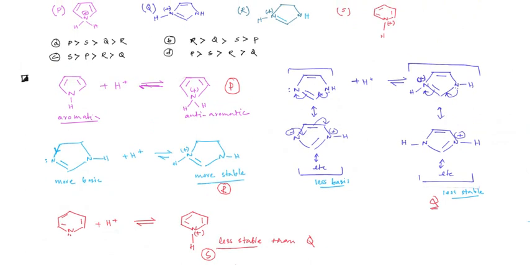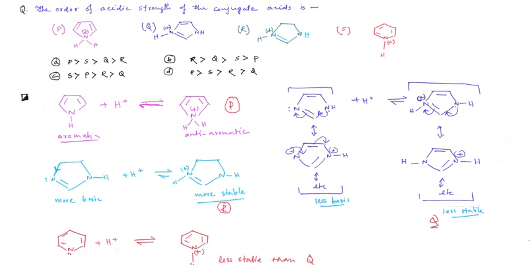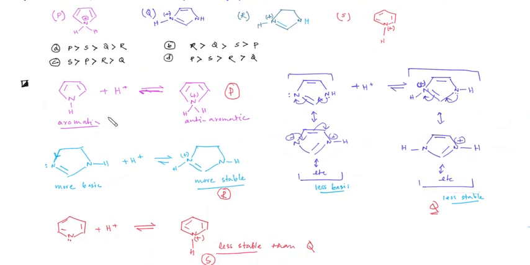Now if we look at the options given here, we have seen that this one is anti-aromatic, so least stable, that means it is more acidic. So P is more acidic. We have two options having P as most acidic, right?